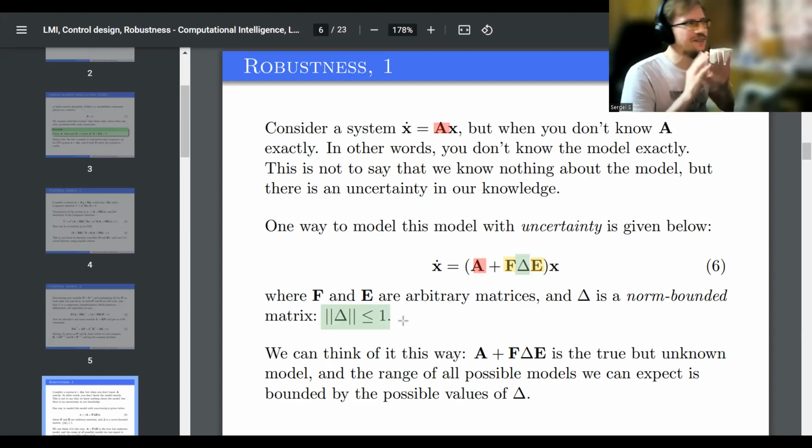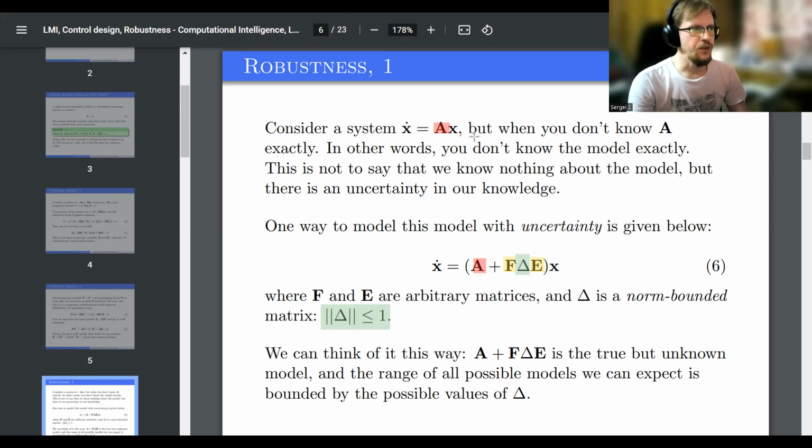For most of you that probably doesn't say anything; it's just a matrix norm. We will see the properties of this norm when we go through the derivations. The point is, it is a matrix that can achieve any value, but the norm of the matrix has to be less than 1. You will see in a second what this means when we derive control.